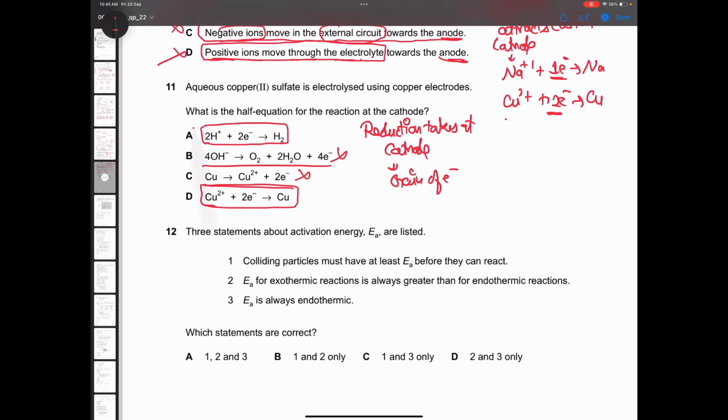So option A and B we have to differentiate between. Now, what is more reactive, copper or hydrogen? For the cathode, there is a rule that the less reactive cation goes to the cathode. So which one is less reactive, H+ or Cu2+? Cu2+ is less reactive. So the correct answer will be D.